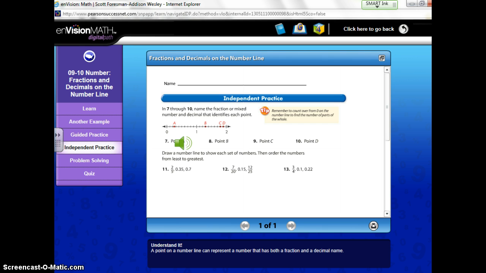Good work. How about letter B? Cole. You're so close, except you forgot the whole number. 1.3. See, this is between the 1 and the 2, so it means it's a little bit more than 1.